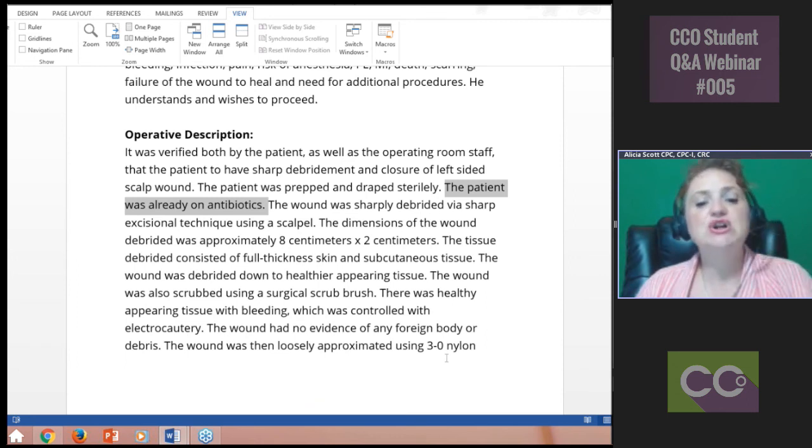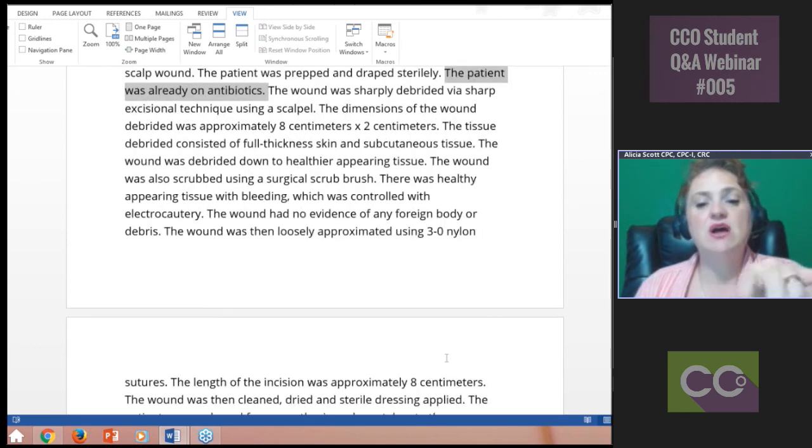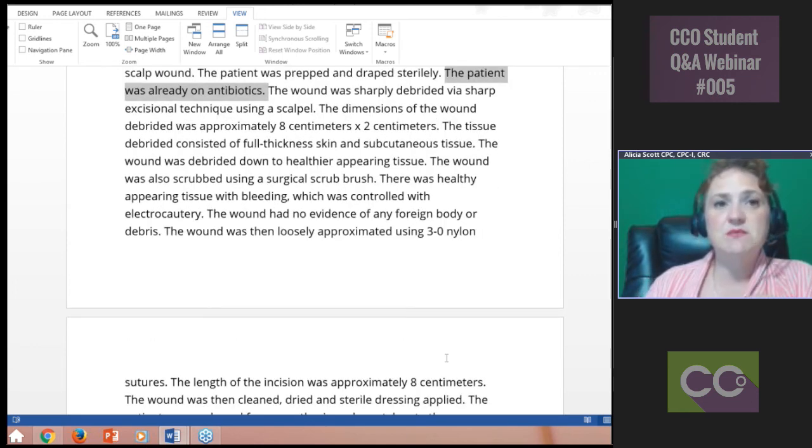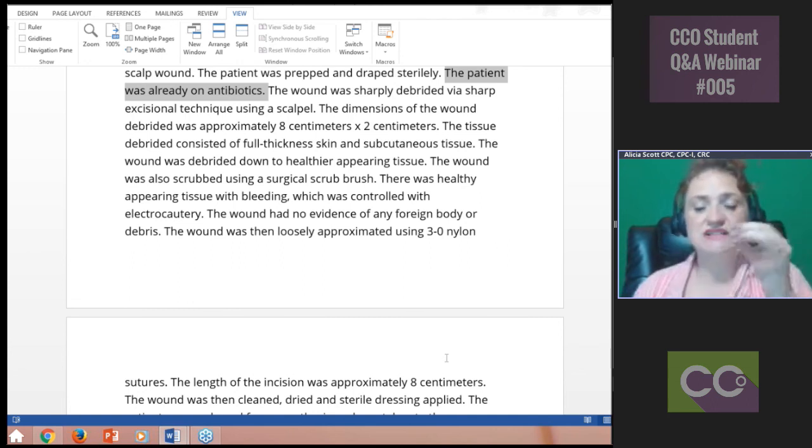Then the wound was loosely approximated with 3-0 nylon. Now, nylon is man-made and it doesn't dissolve, so he is going to have those removed. And they didn't do understitches, right, that dissolve.